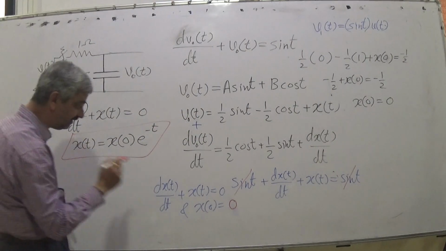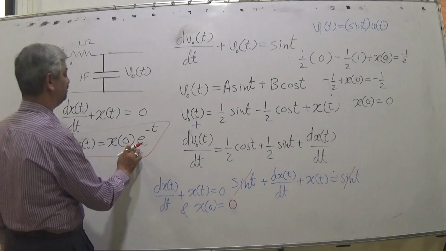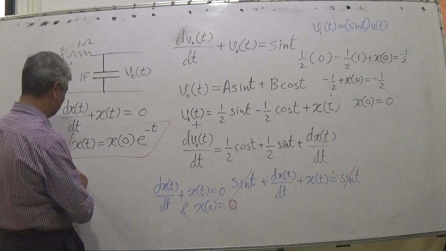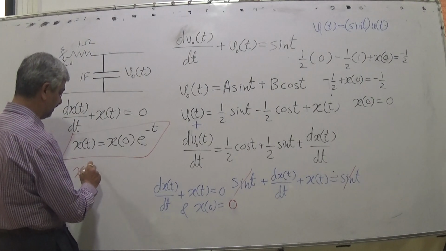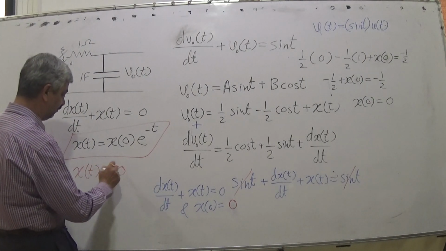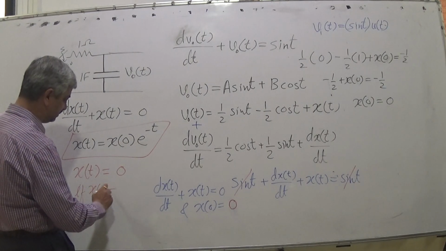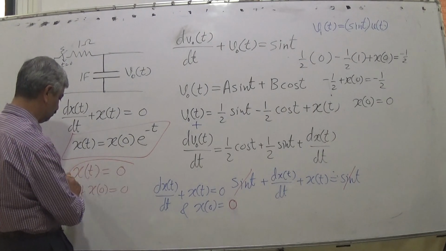And now here x(0) is 0, so x(t) is 0. If x(0) is 0, this is the solution.